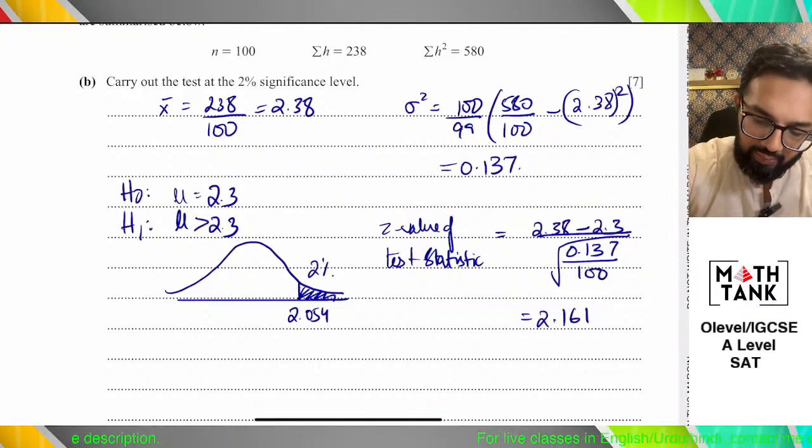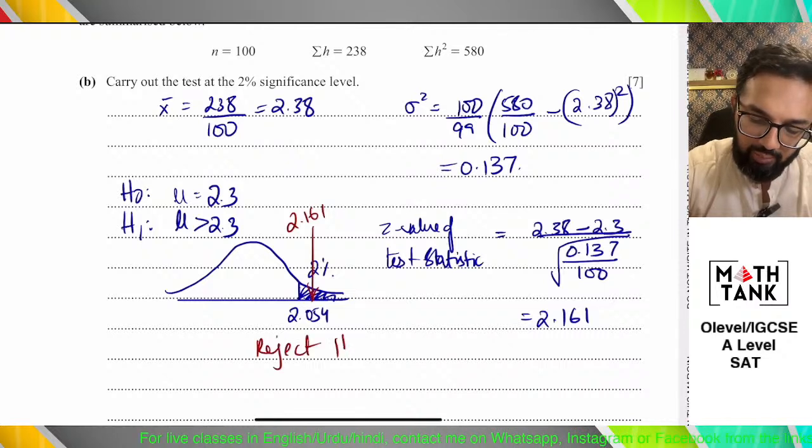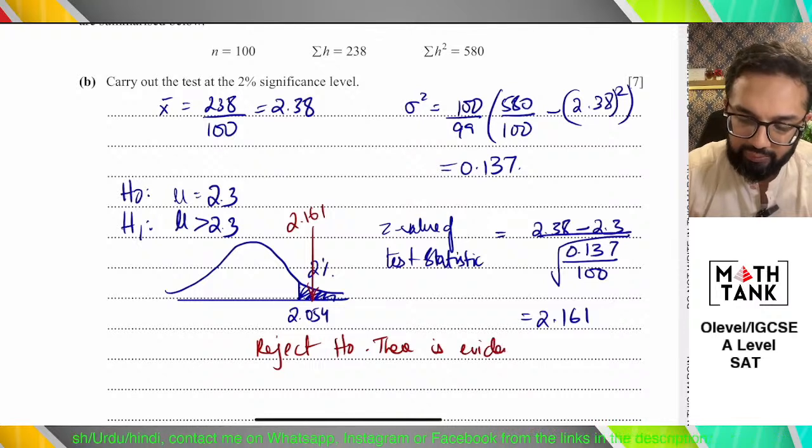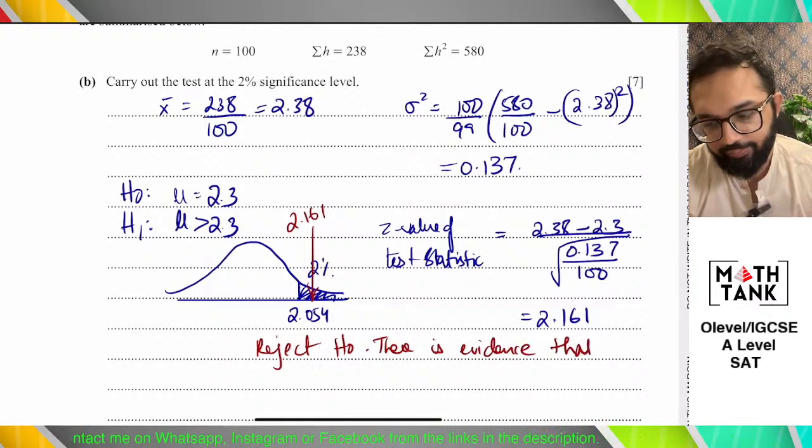Okay, that's inside the critical region, so I'm going to reject H naught. There is evidence that the trees are taller.